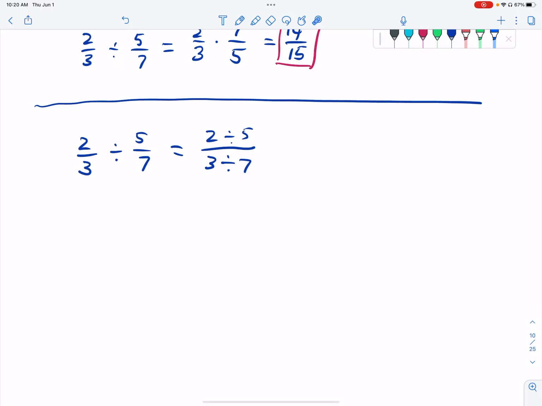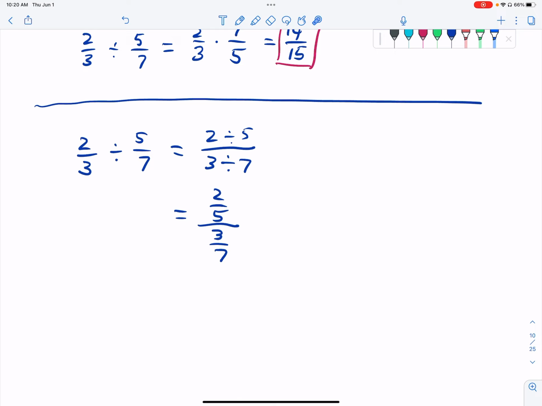I'm going to make that into a fraction, 2/5, divided by, and then on the bottom here, 3 divided by 7, so 3/7.